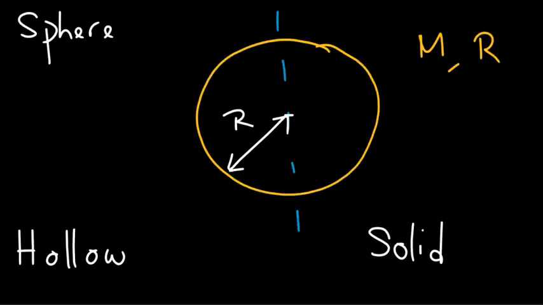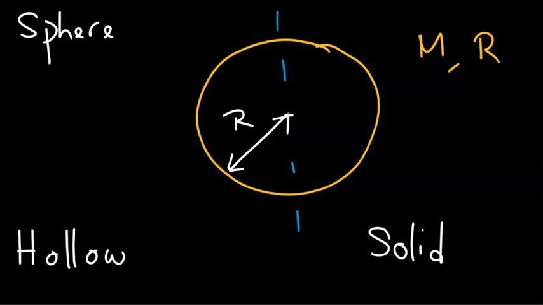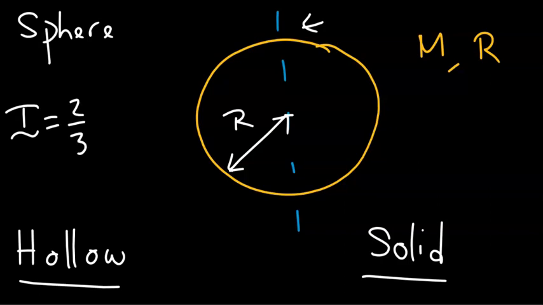Now for a sphere, the moment of inertia about an axis going through the center, the mass of the sphere being m and the radius being r, depends on whether the sphere is hollow or solid. If the sphere is hollow, the moment of inertia through such an axis is given by 2/3 mass times radius squared.